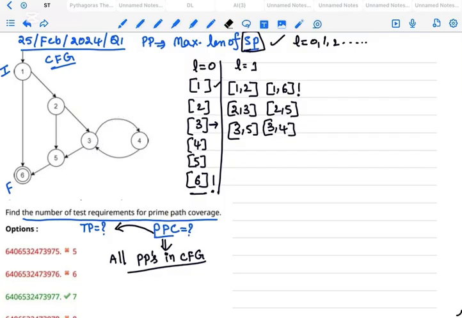So only 2 paths are possible from node 3. Next, starting at node 4, we extend to the next node, 4 to 3. 4 to 3 is a simple path of length 1. Are other nodes possible? No, because there is only one edge from 4 to 3.